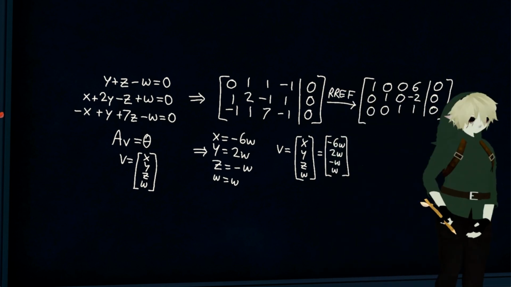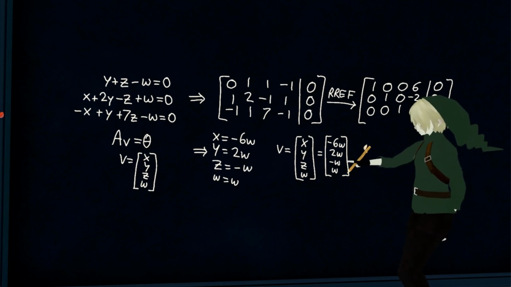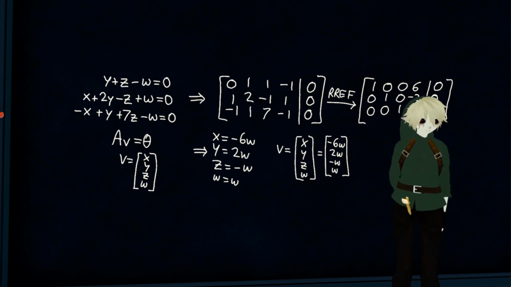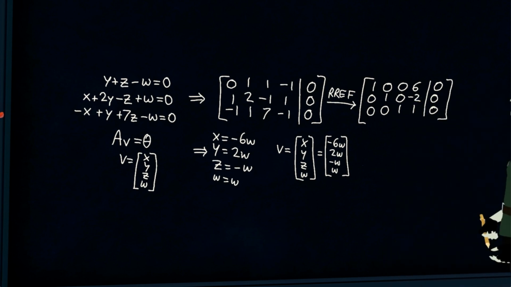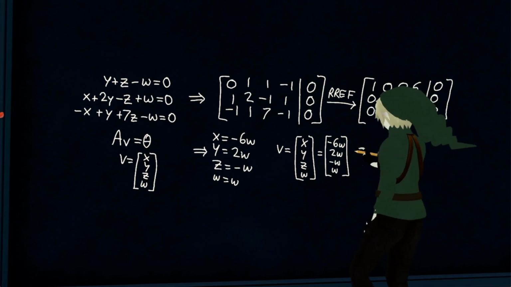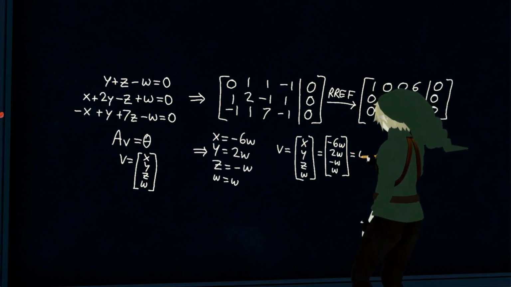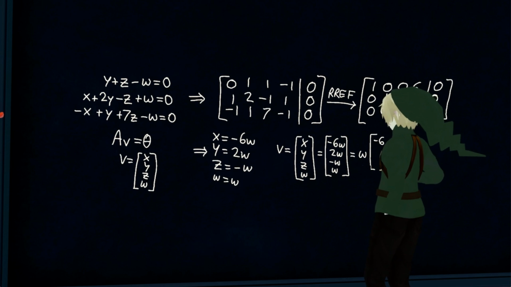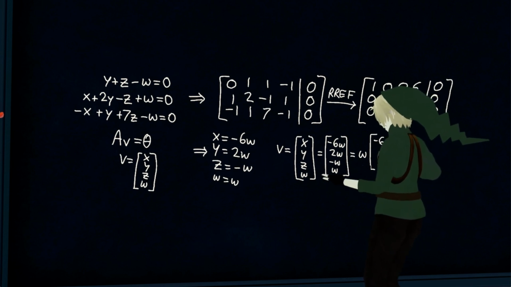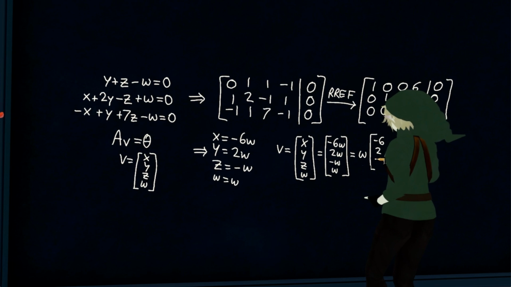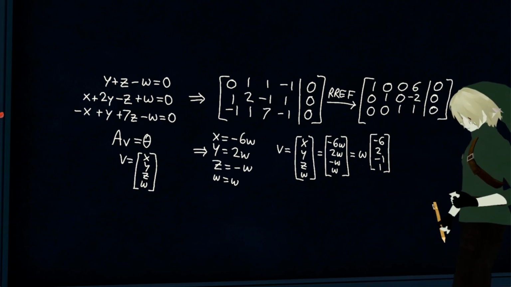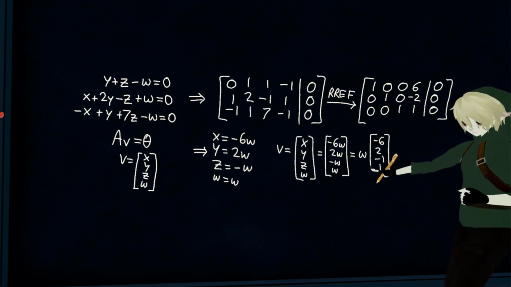And guess what? In matrix algebra, we can actually factor W, right? Because W is just any number that it represents. So we can actually write it like this. And this is how you'll mostly write infinitely many solutions in vector form. We have negative 6, 2, negative 1, and 1.